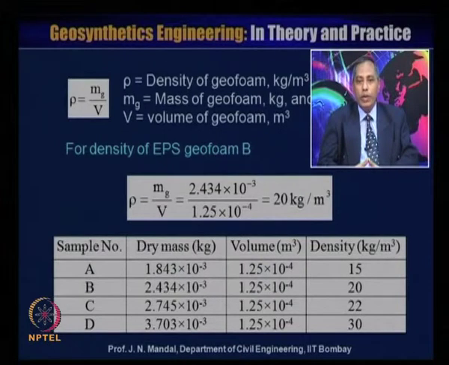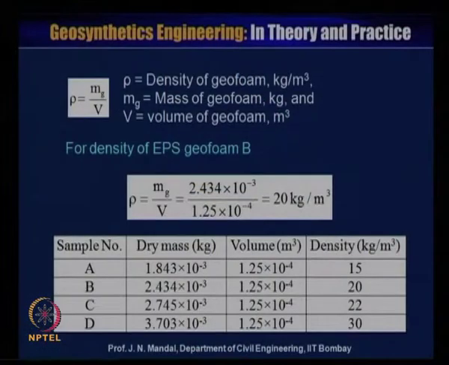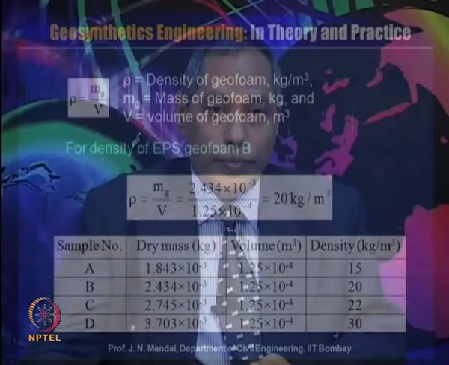This will give a density of 30 kg per meter cube. So, we have performed tests for all kinds of densities, 15, 20, 22 and 30, as available in India.